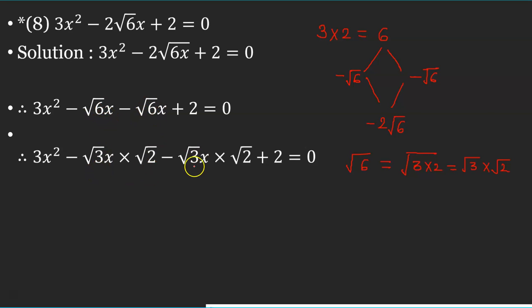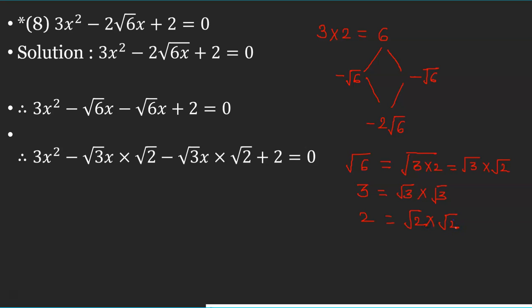Again, this root 6 can be written as root 3 into root 2. Now what about this 3? This 3 can be written as root 3 into root 3. And these 2 can be written as root 2 into root 2.